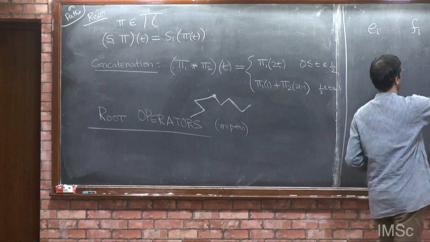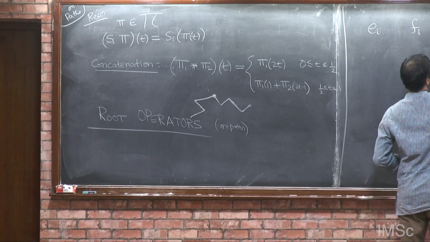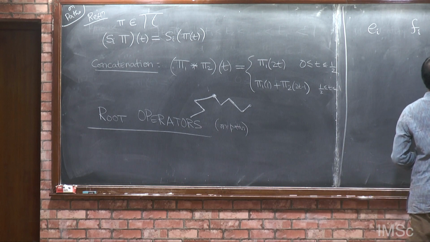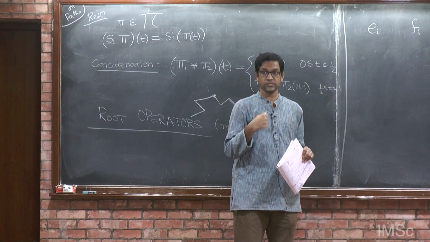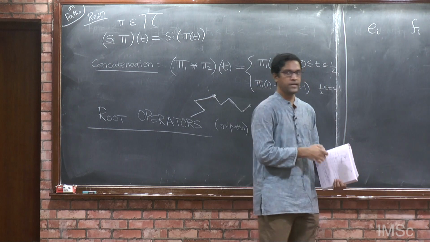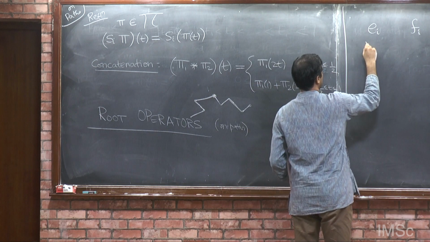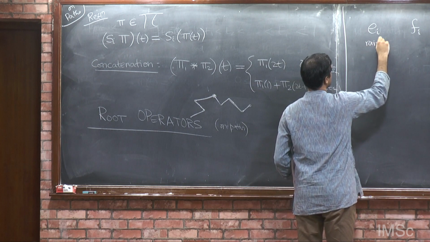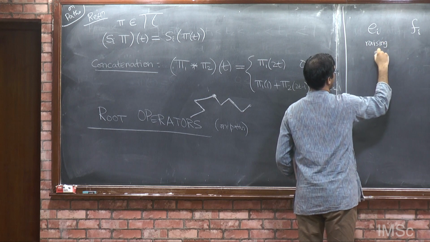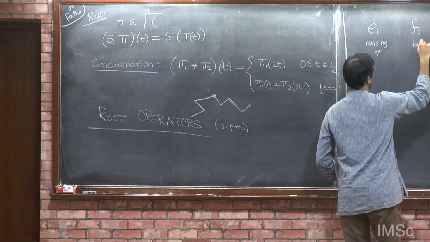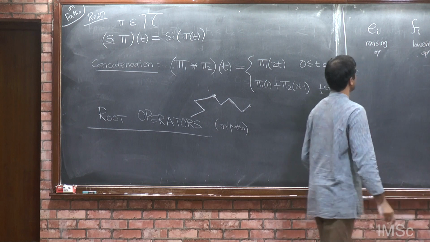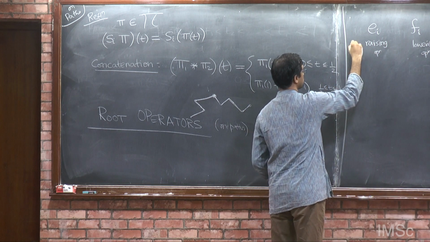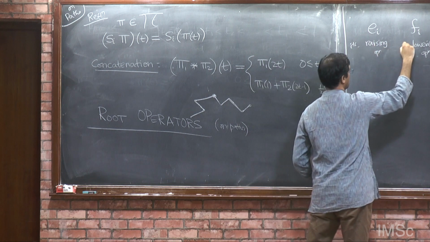So what is i? i runs over the indexing set of the simple roots. So there are two root operators for each simple root. They're called E_i and F_i. Now E_i is called the raising operator and F_i is called the lowering operator. So this is the ith raising operator if you wish, and this is the ith lowering operator.